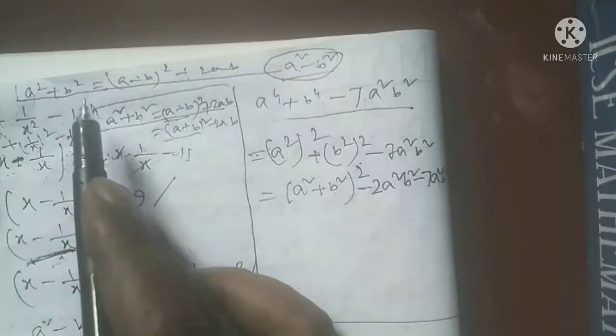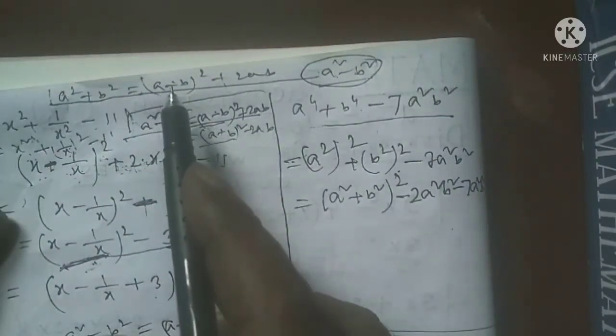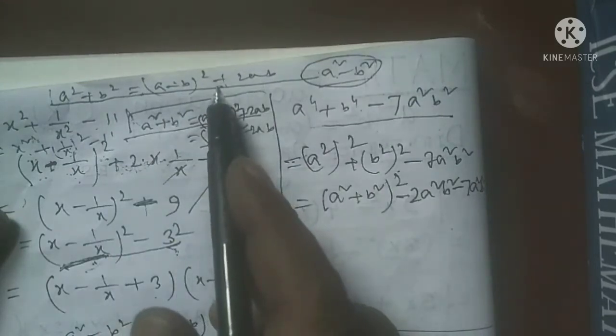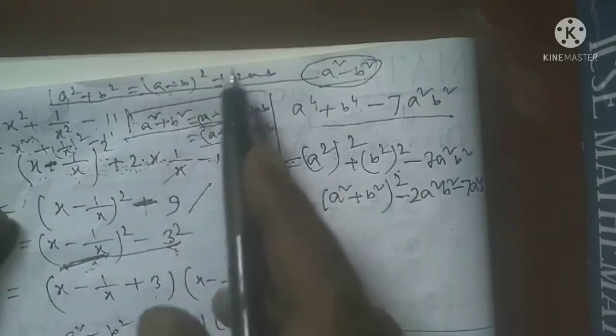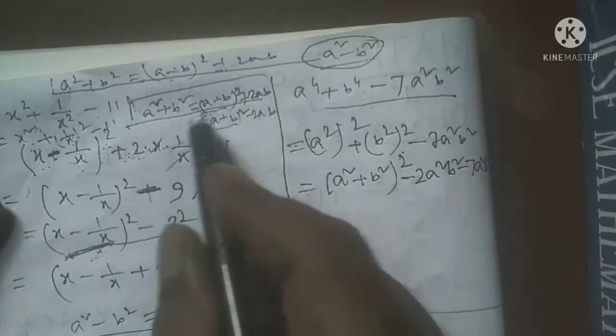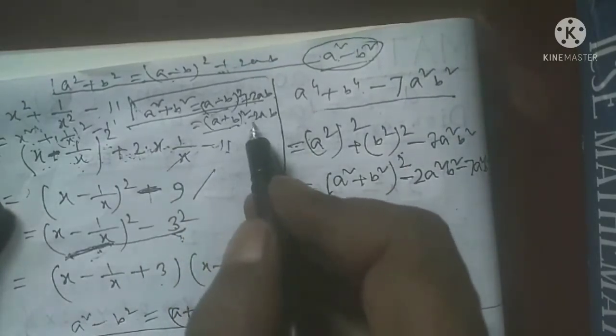A square plus b square: there are two formulas. I am telling you, no, there are two formulas. (a minus b) whole square plus 2ab, and (a plus b) whole square minus 2ab.